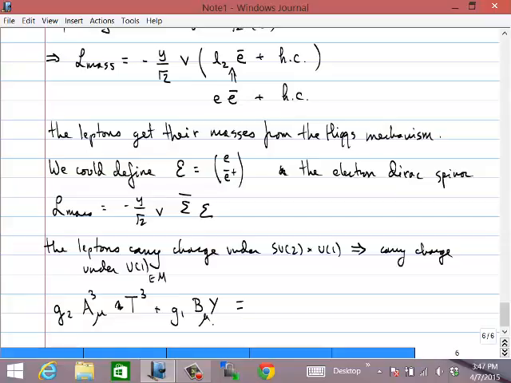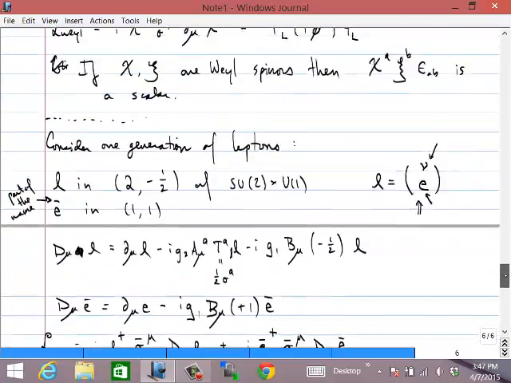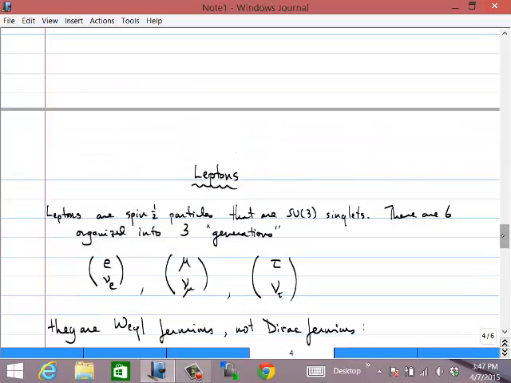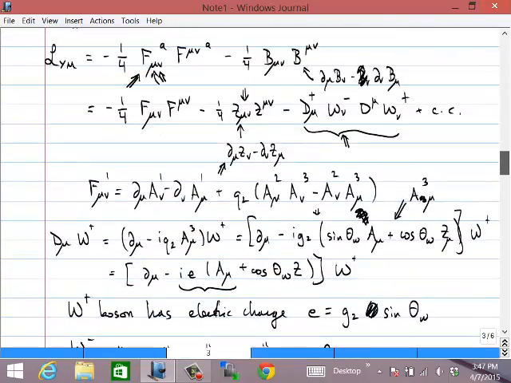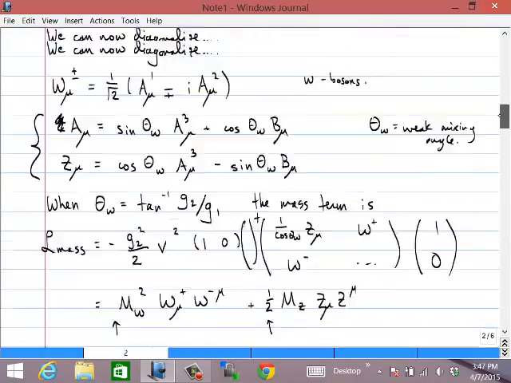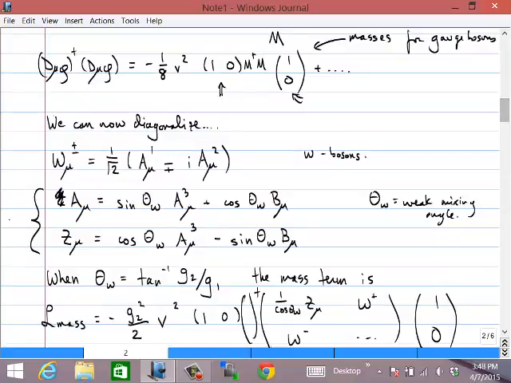So in the present case, if we just go ahead and rewrite A3 and B in terms of A mu and Z, what will you get? Well, we can just go ahead and remind ourselves of what that looked like. So you can just remind yourself of this here.